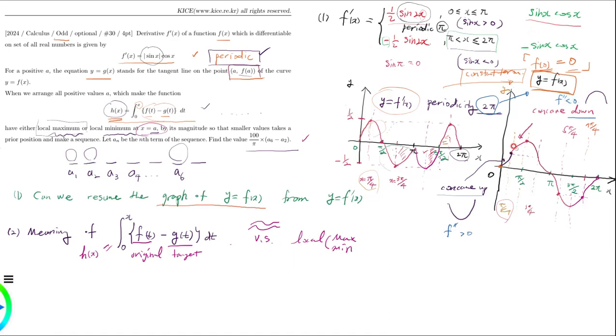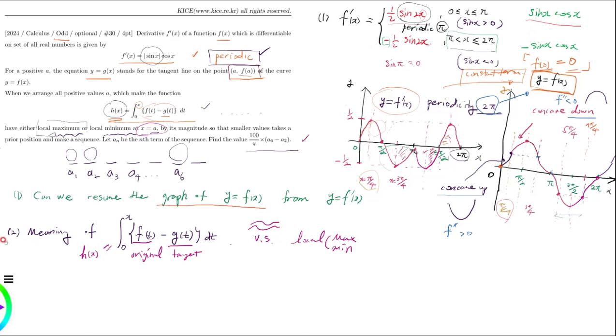So concave up, concave down here, and then concave up, concave down, concave up here, and concave down, like that. And it repeats this process, concave up, concave down.